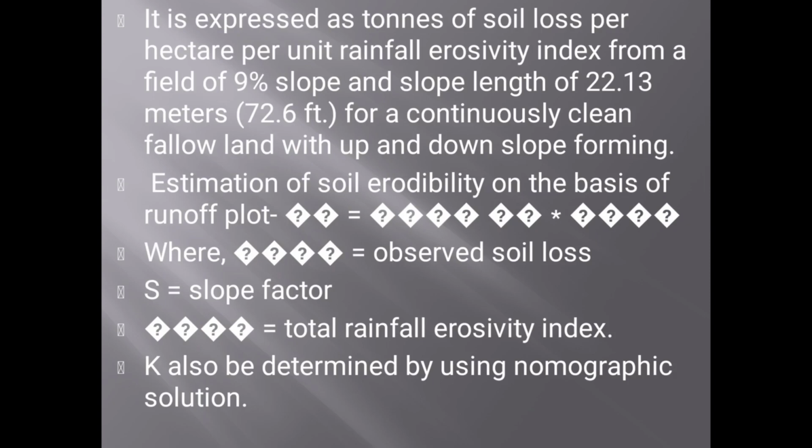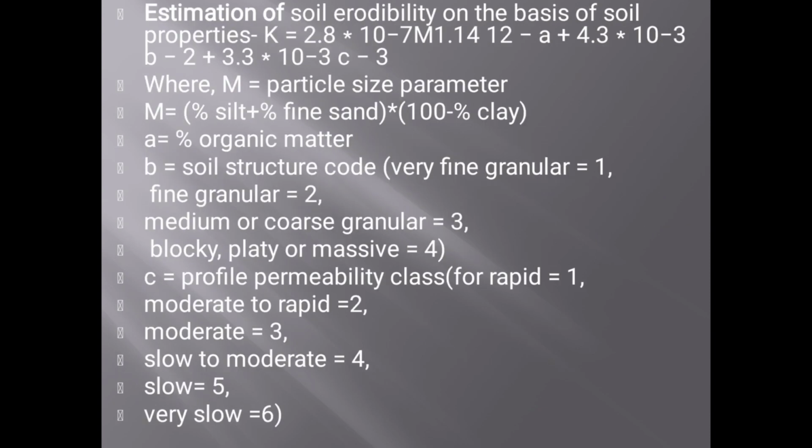It is expressed as tons of soil loss per hectare per unit rainfall erosivity index from a field of 9% slope and slope length of 22.13 meters, which means 72.6 feet, for continuously clean fallow land with up and down slope farming. Soil erodibility is estimated on the basis of runoff plots using the following equations.